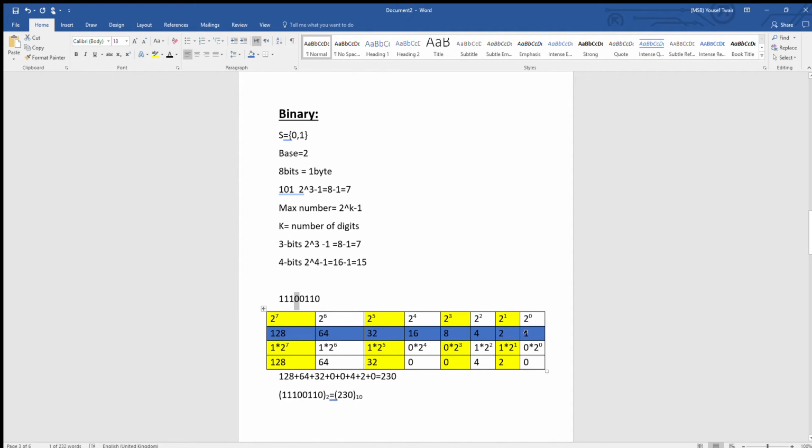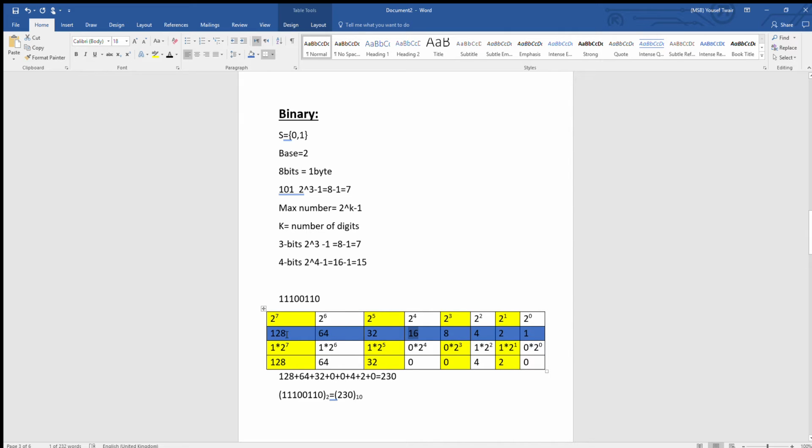Now 2 power 0 is 1. 2 power 1 is 2. 2 to the power 2 is 4. And 2 to the power 3 is 8. 2 to the power 4 is 16.